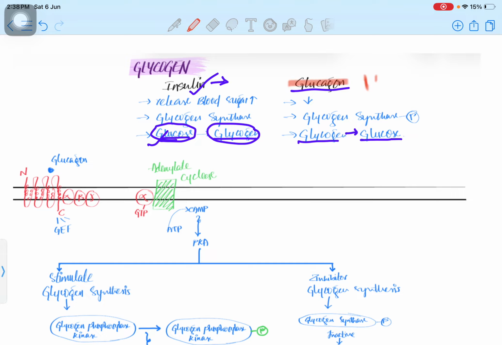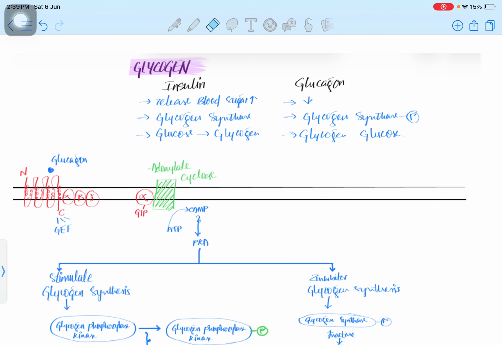Don't get confused with these terms. Glucagon is a hormone, glucose is our energy molecule, and glycogen is our glucose-attached molecule. We can't store glucose separately, so we form glycogen. A bunch of glucose is present in the glycogen molecule, so it can be stored easily. This is known as glycogen.